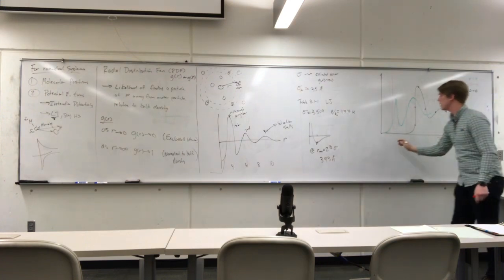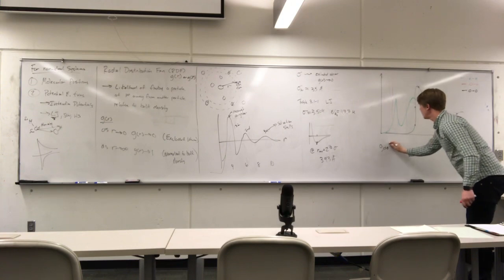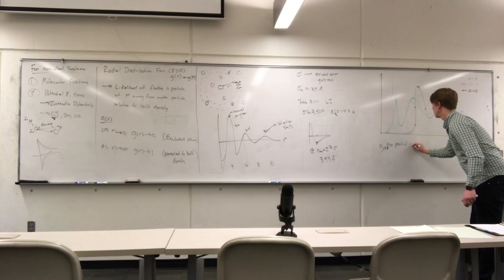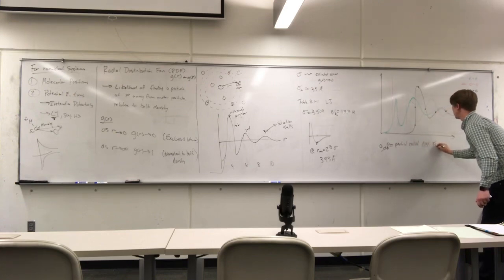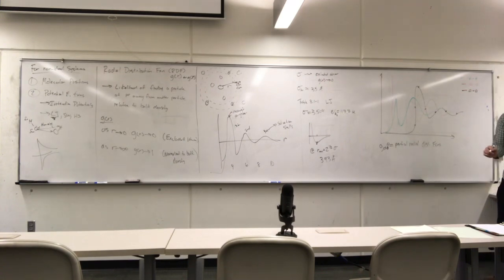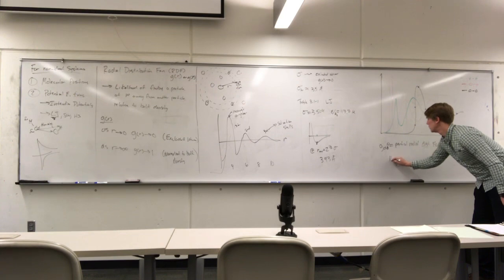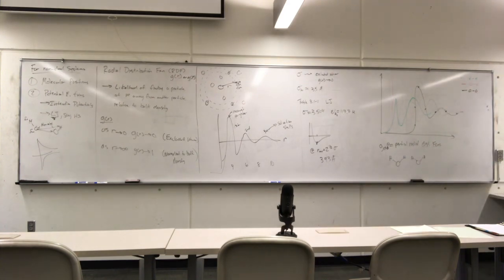So what we're looking at here, we're looking at g alpha beta of r, which are partial radial distribution functions. So for water, we have 2 unique atom types, hydrogen and oxygen.